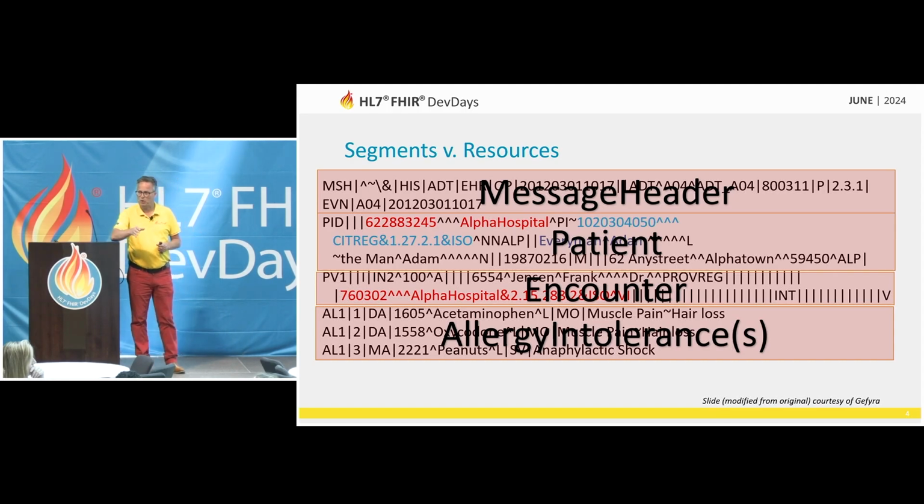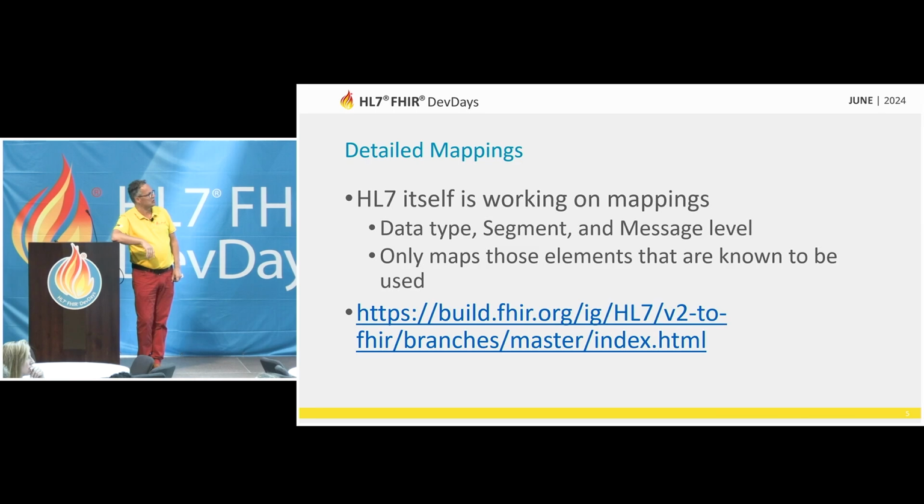You do have the problem of having to translate the data elements, right? That's the first thing that you're going to look at. Are the data elements, the fields that I have in version 2, what's the corresponding stuff that I have on the FHIR side? So in that sense, doing this sort of segment level to FHIR resource translation is certainly a starting point in your translations.